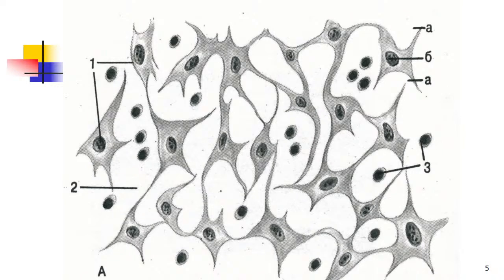This is a false syncytium. On the other side, we have seen that between the reticular tissue cells, clusters of lymphocytes are very well visible. What does it mean? It means this is a lymphoid organ. It is really true.